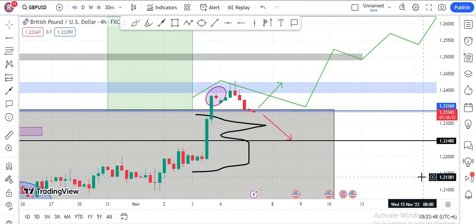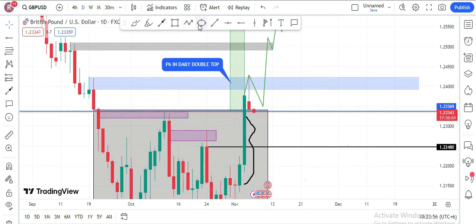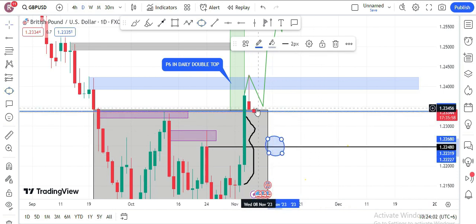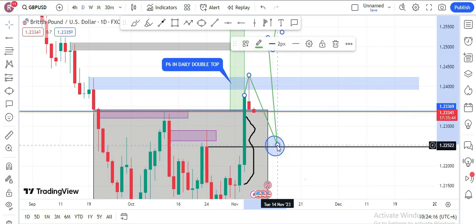But however, considering the daily time frame, it is my opinion to wait to take the trade somewhere from here. It is a safe zone rather than involving here right now, because the fair value gap needs to be addressed. So I will prefer to say in the daily time frame, wait until it comes.